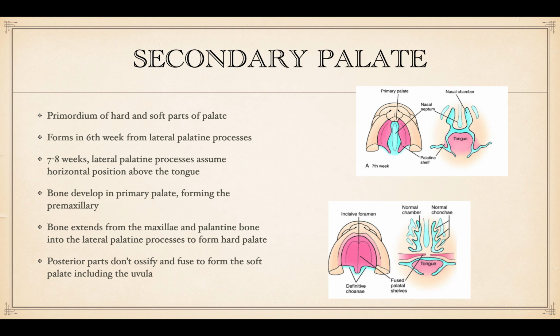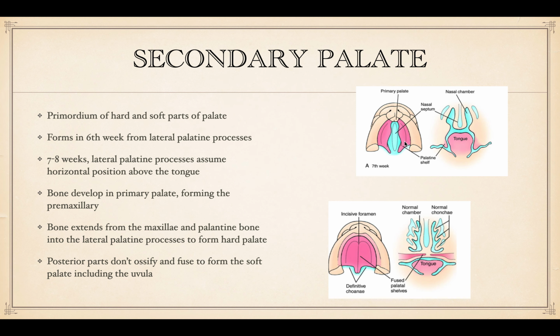The secondary palate is formed from the primordium of the hard and soft parts of the palate. It forms in the 6th week from the lateral palatine processes, so it forms after the primary palate. And then in weeks 7 to 8, the lateral palatine processes assume the horizontal position above the tongue, so they orient right here.